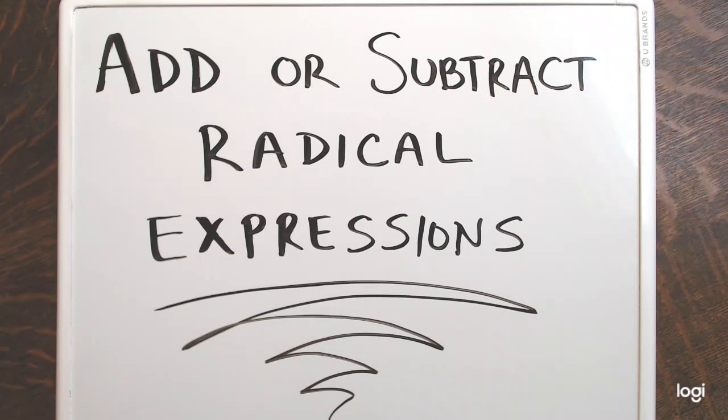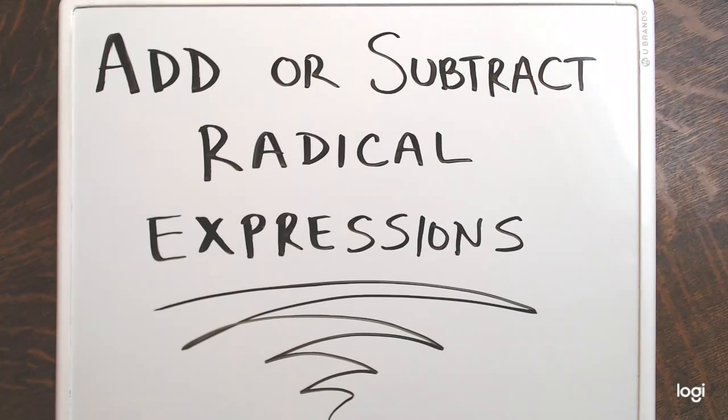And what you're going to see here is that adding and subtracting radical expressions will be very similar to adding or subtracting polynomials. Remember how when you add and subtract polynomial terms, you can only combine like terms with the same variables raised to the same exponents, the same bases and exponents.